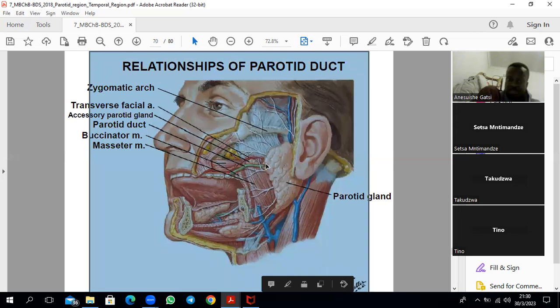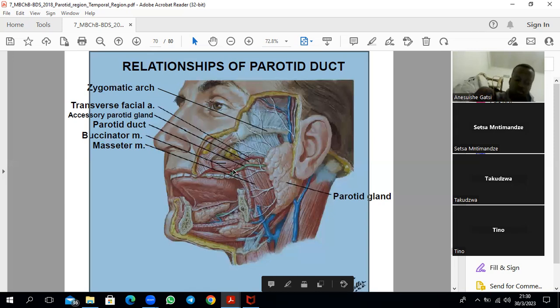Right. It's about 5 centimeters. When it reaches the anterior border of the masseter muscle here, that's where it bends 90 degrees, the first bend. Then it pierces the buccal pad of fat in your cheek. It pierces the buccal pad of fat, the buccopharyngeal fascia, as well as the muscle there, which is buccinator. That's the first bend, 90 degrees. Then after piercing those, the buccal mucosa, the buccinator, it bends again for the second bend.